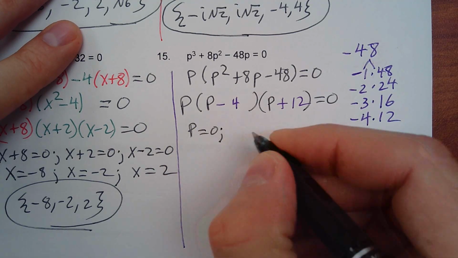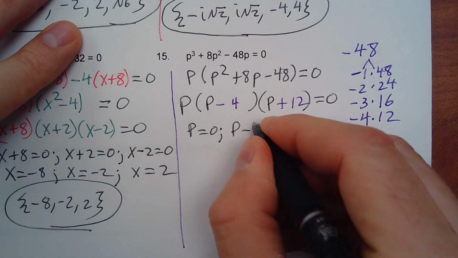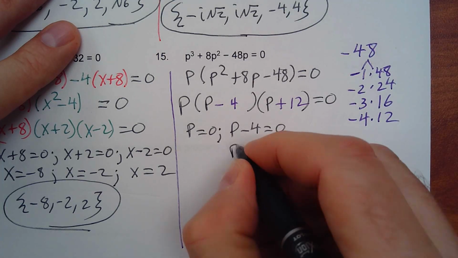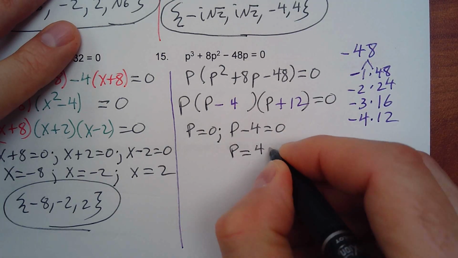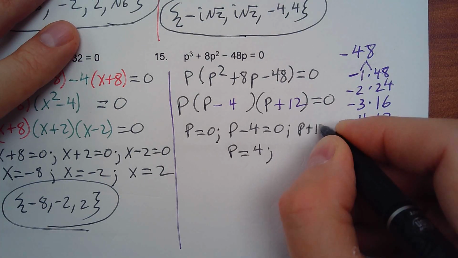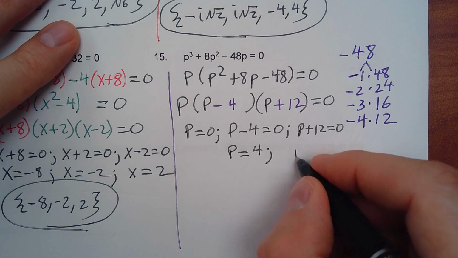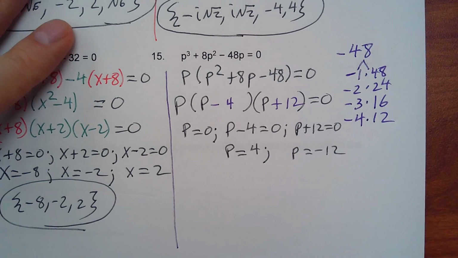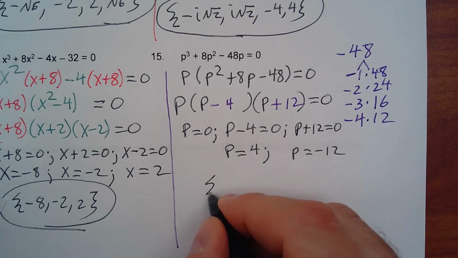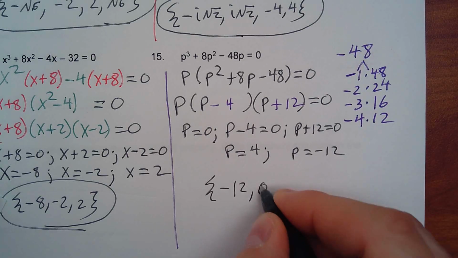P equals 0, that's already done. P minus 4 equals 0. Add 4 to both sides, that gives us p equals 4. And then p plus 12 equals 0. Subtract 12, that gives us p equals negative 12. So our answers are negative 12, 0, and 4.